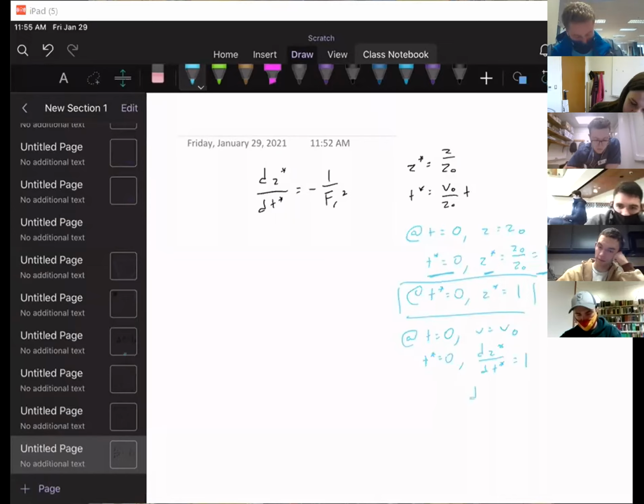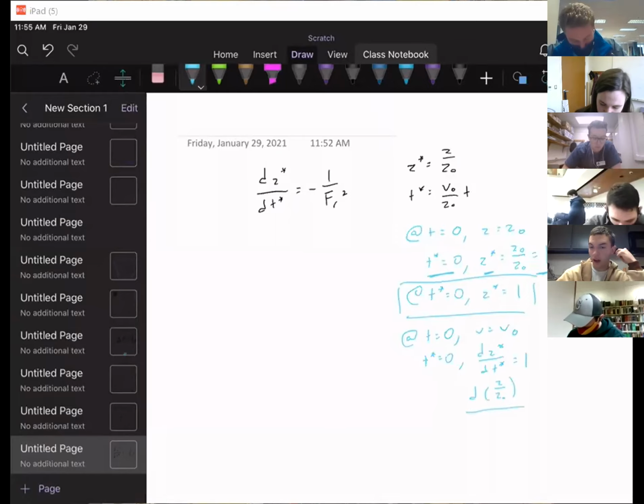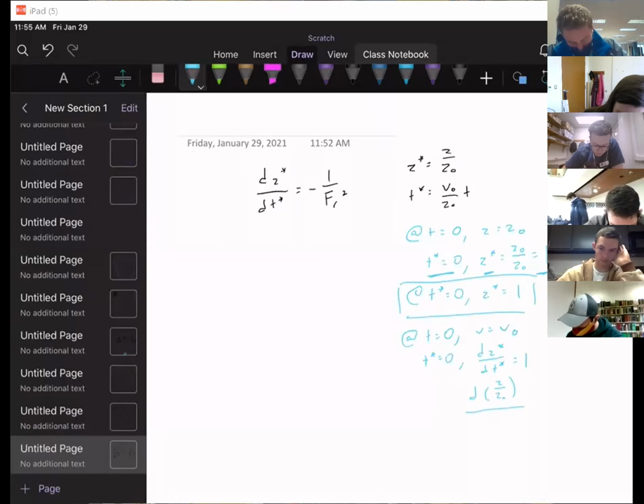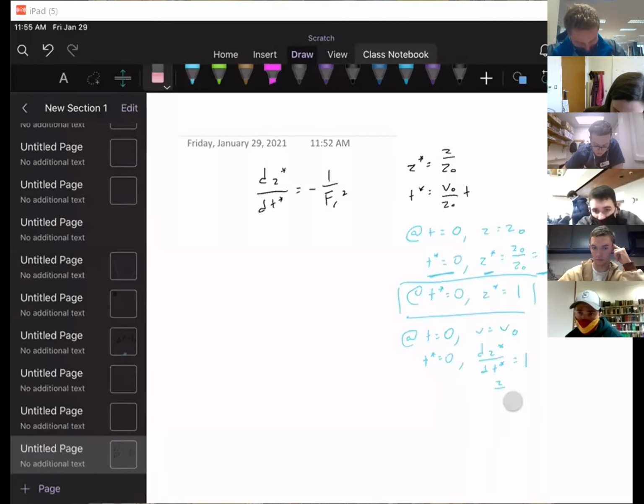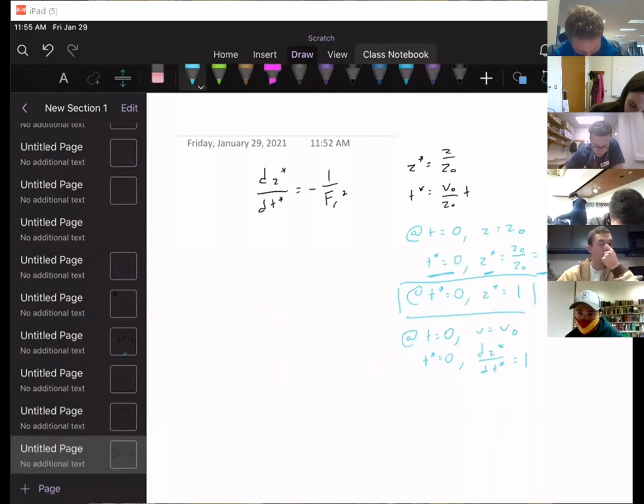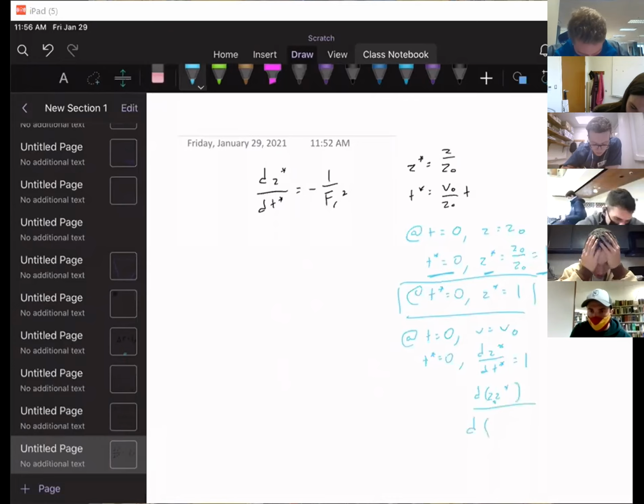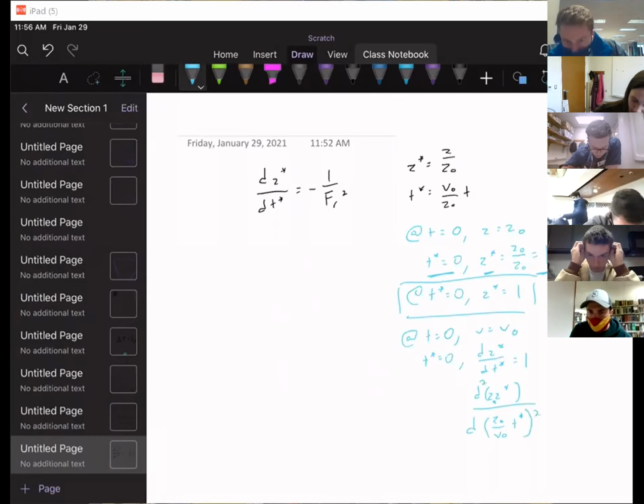And so it'll work out this way, but I can prove that it will work out this way by writing d of z over z naught over d of z naught over v naught t star. This is squared like that.